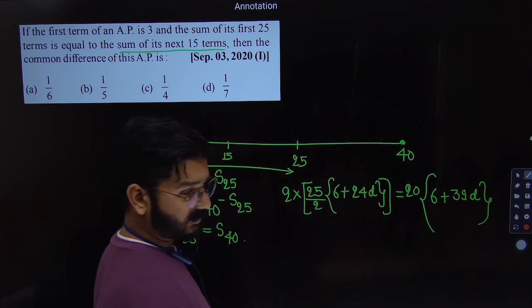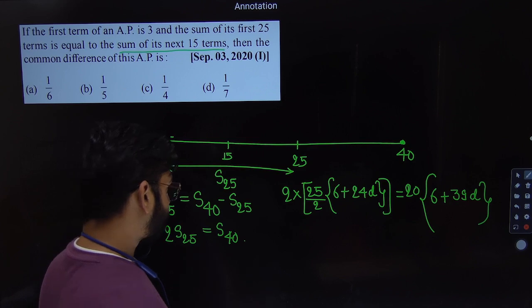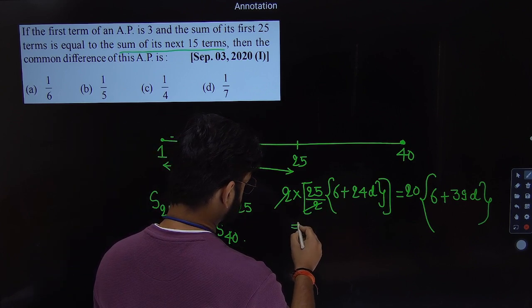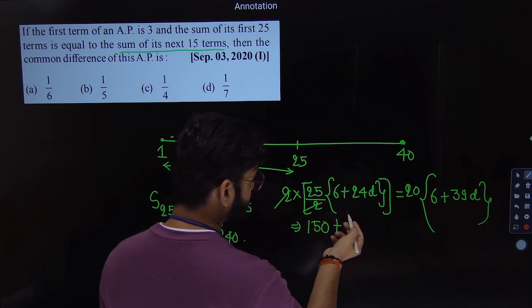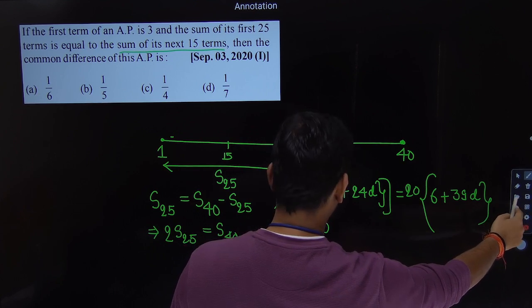Any problem in applying the formula? Are you clear about the formula? So 25 into 6, 150. We can first simplify, right? Yes, we can cancel, then we will multiply.